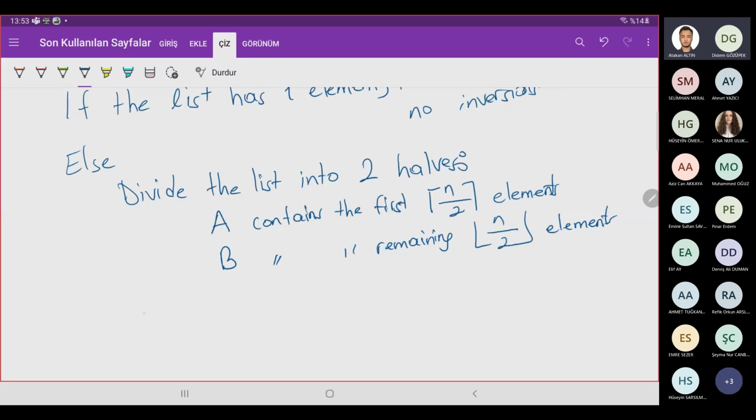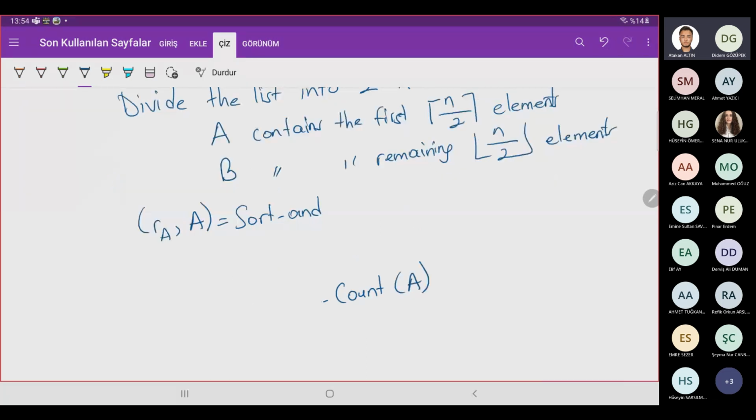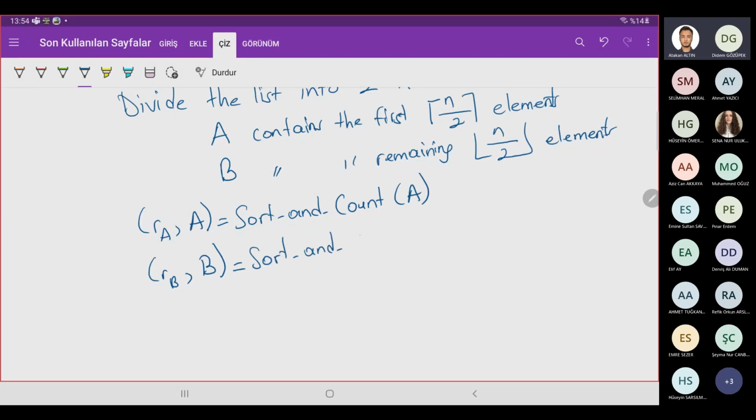So (RA, A) is equal to sort and count A, and (RB, B) is equal to sort and count B.